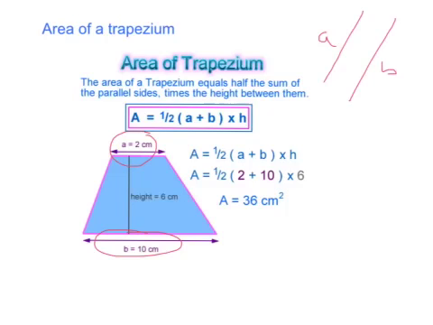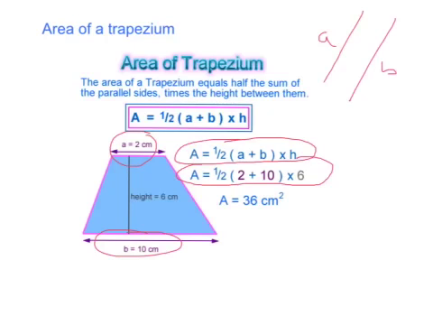So let's look at this example. My A and my B, the first thing I need to do, thinking about BIDMAS, is the part in brackets. So I need to add the A and B together. So A is 2 and B is 10. So I've now got my area equals half of 2 plus 10 times 6. So we know that 2 plus 10 is 12.